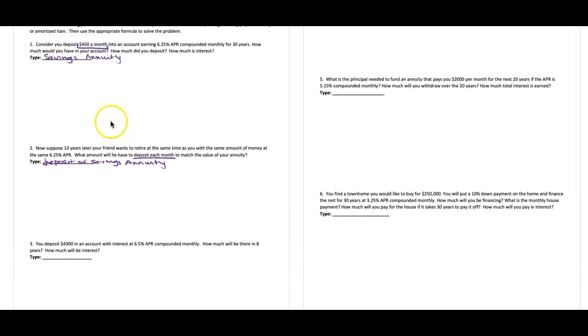Would that still be savings annuity because you're putting in monthly? So are we putting in a certain amount each month? What do you guys think? Is it the one where you said that will give you just one big amount?